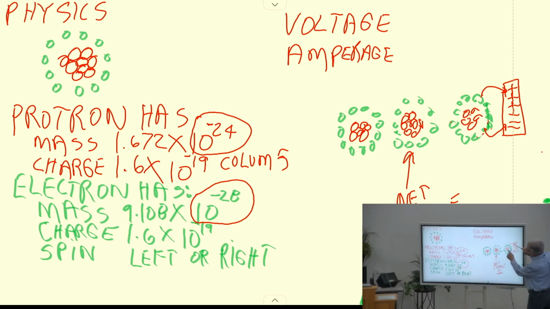Now what happens to the net charge of that atom? It turns positive. I pop off the electrons, so now I've got, say, 20 protons and 18 electrons. I'm 2 plus on the protons. So I've got 3.2 coulombs of charge.